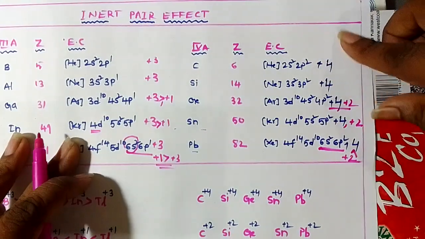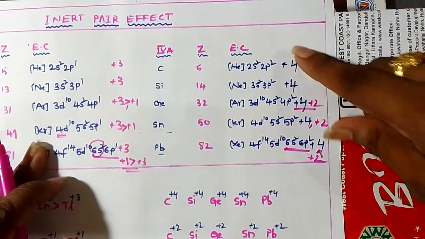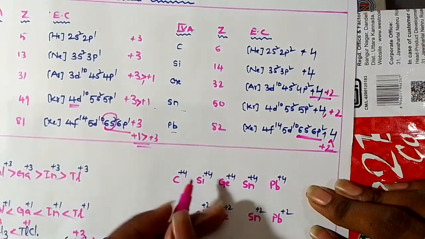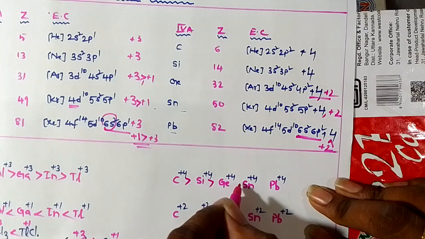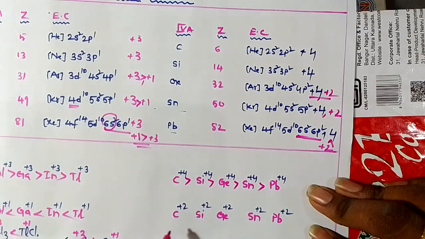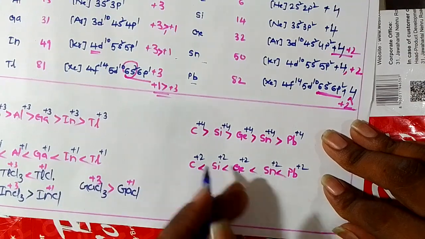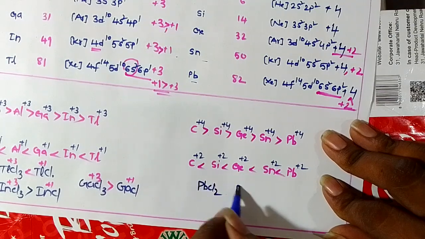Now when we are moving from top to bottom, the +4 oxidation state is decreasing and the +2 oxidation state is increasing. This is the most important point. Now I will give one example, that is PbCl2 and PbCl4.